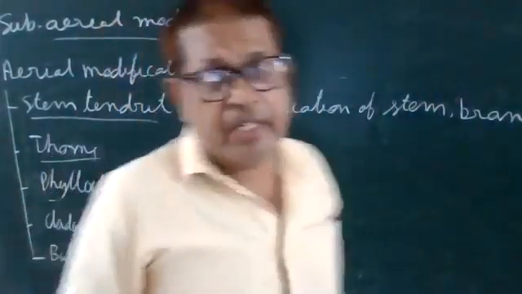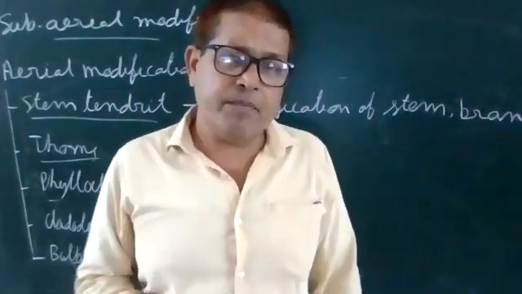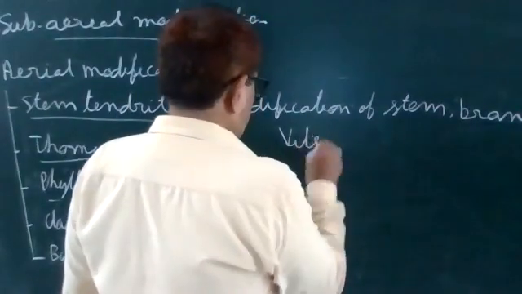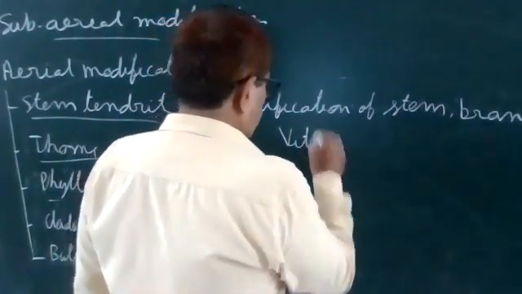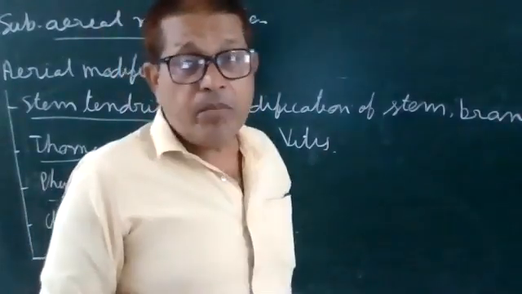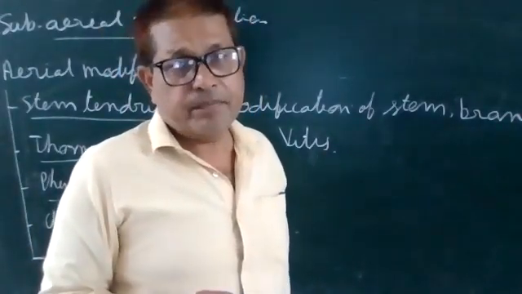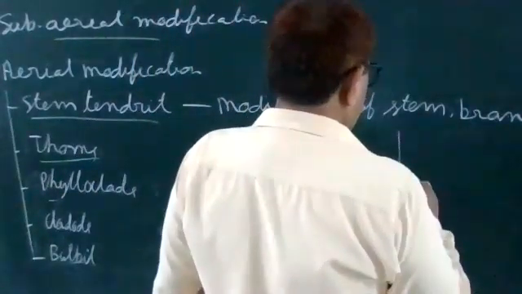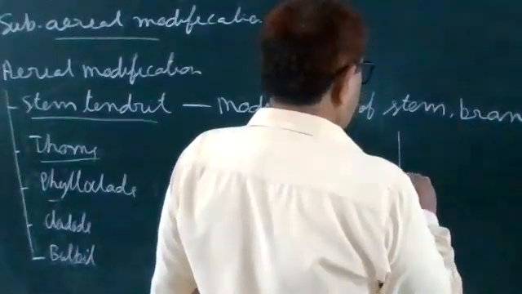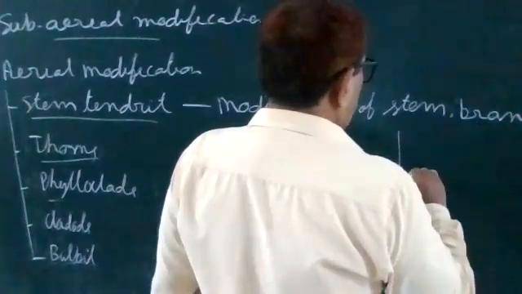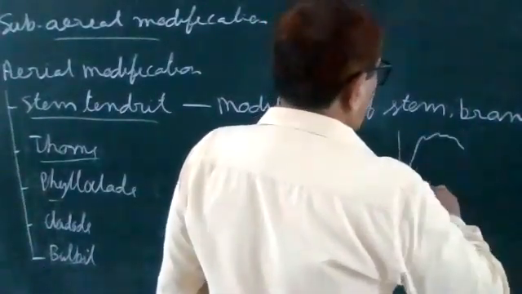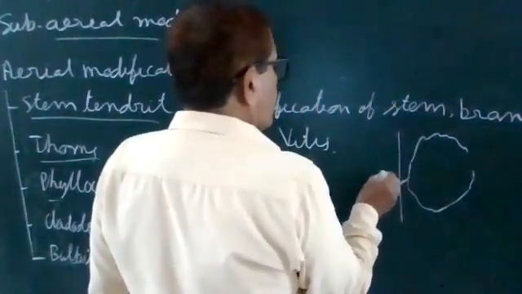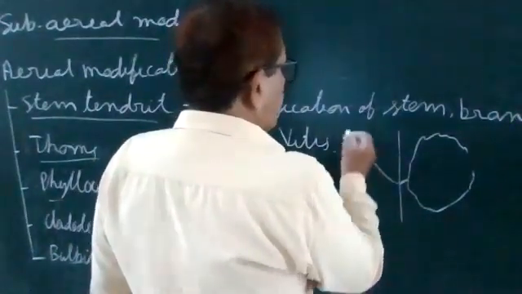So you have seen tendrils, you have seen climbing plants. You have seen cucumber, pumpkin. Pumpkin has big leaves on one side, and on another side such a structure.